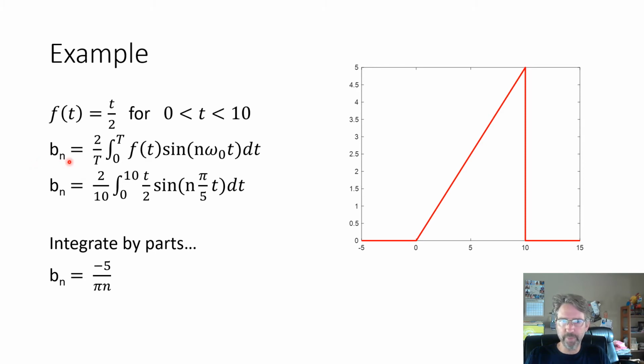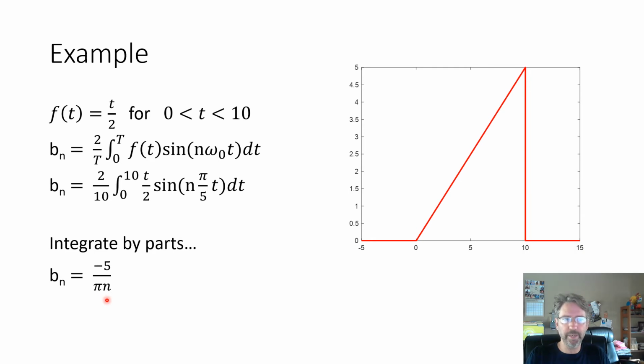The equation for bn, the nth term, is given here. Plugged into our function, we have f of t sine n omega naught t dt. And if you take this and integrate it by parts, you'll find that bn as a function of n is -5 over pi n.